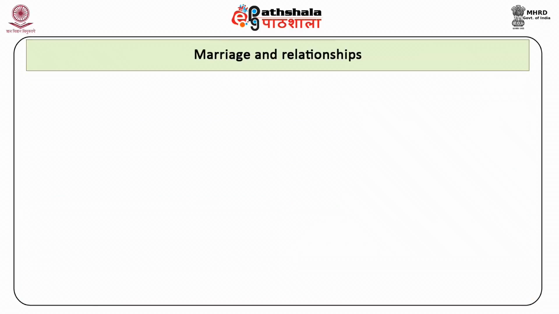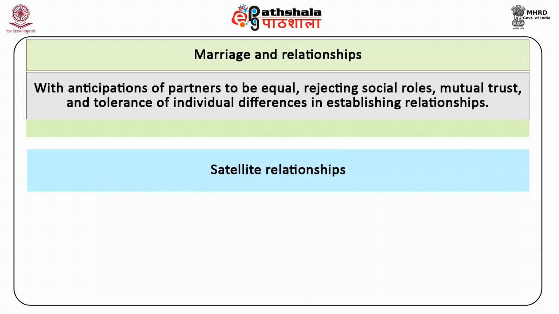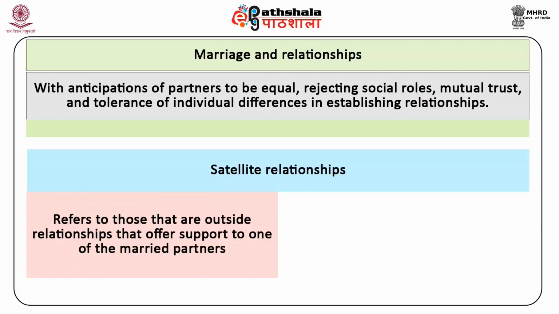Marriage and relationships. Rogers had expected that there would be changes in the marriage relationships of today, with anticipations of partners to be equal, rejecting social roles, mutual trust, and tolerance of individual differences in establishing relationships. Satellite relationships refers to those outside relationships that offer support to one of the married partners.